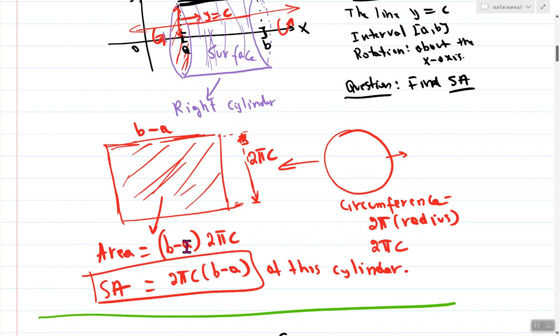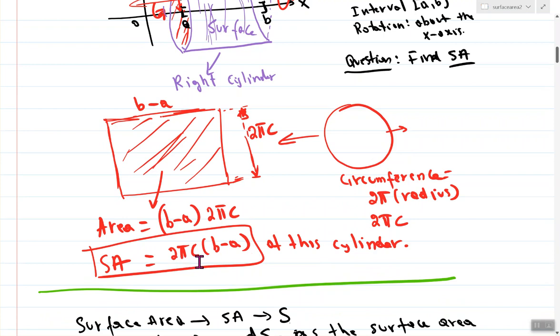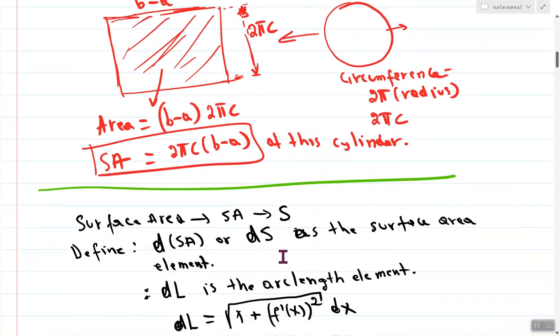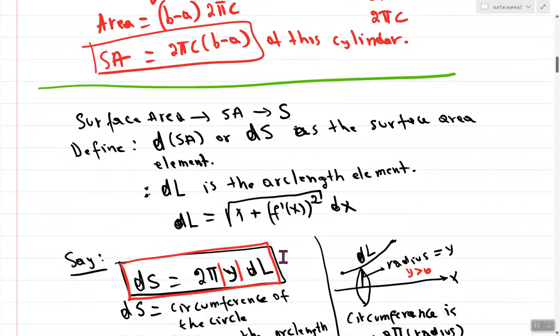So you're going to have quantity b minus a times 2 pi times c. You can rearrange as 2 pi c times quantity b minus a, which gives us the surface area of this right cylinder.